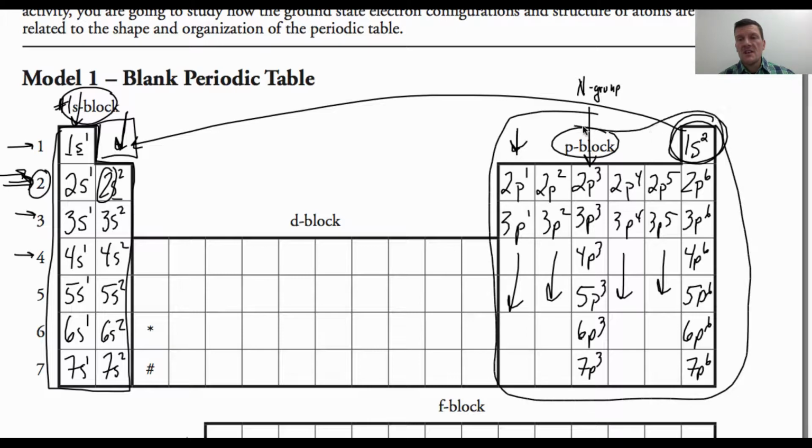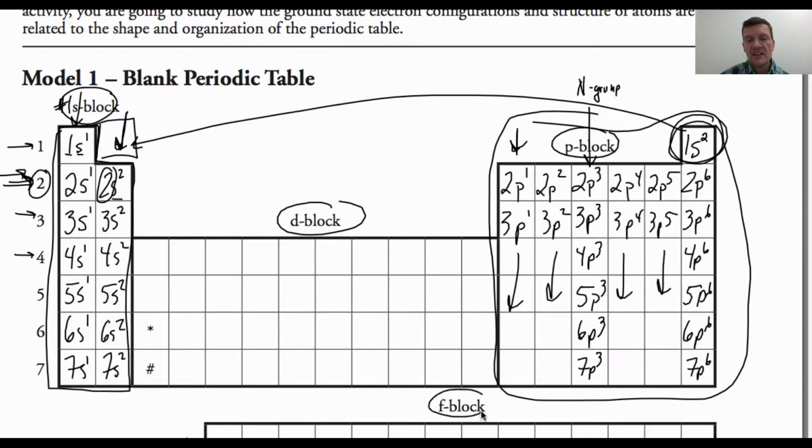Why is it the P block? Because in that block of elements on the periodic table, you are starting to fill and will eventually fill the p orbitals in the different energy levels. So the outermost electrons are in the p orbitals. Now you can guess what's going to happen here. In the transition elements, it's called the D block, because the D orbitals are being filled.